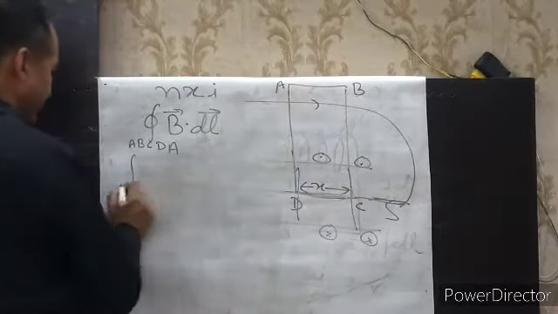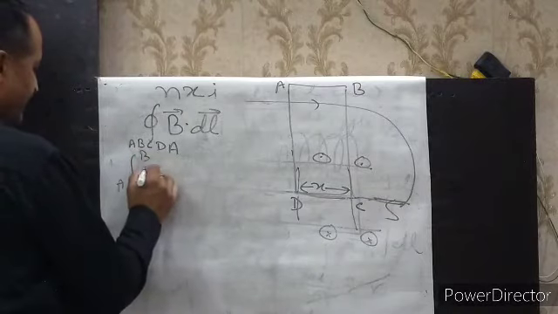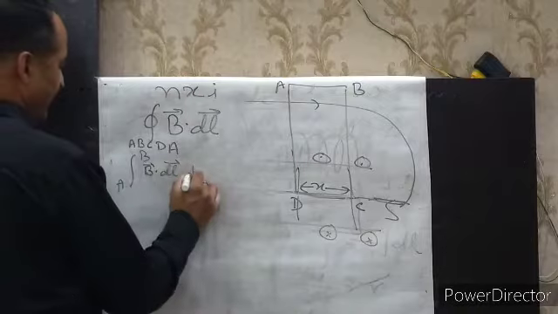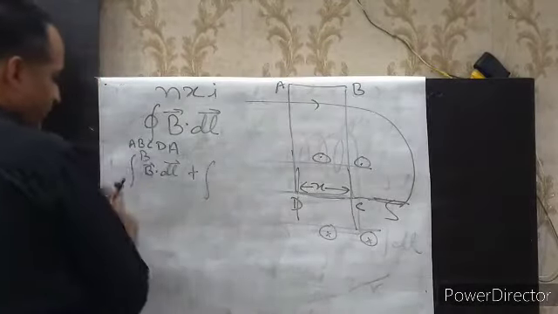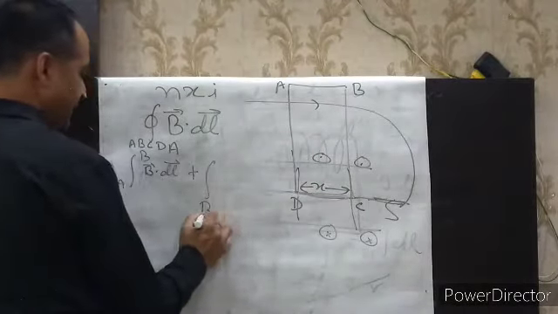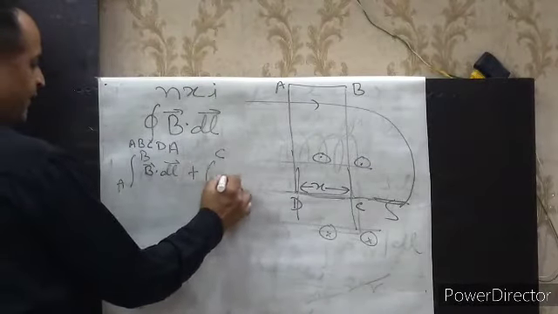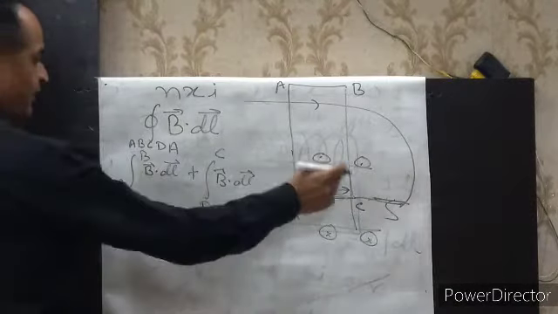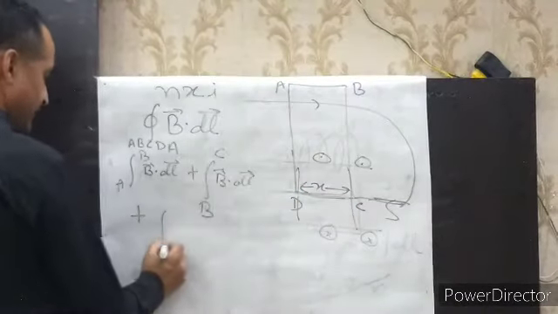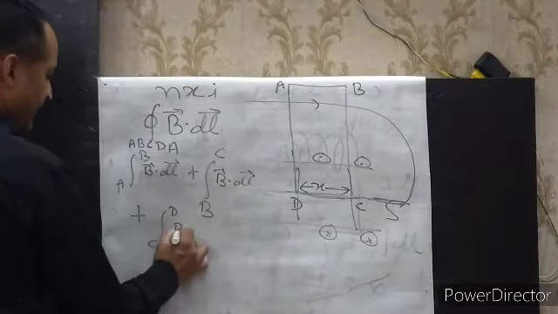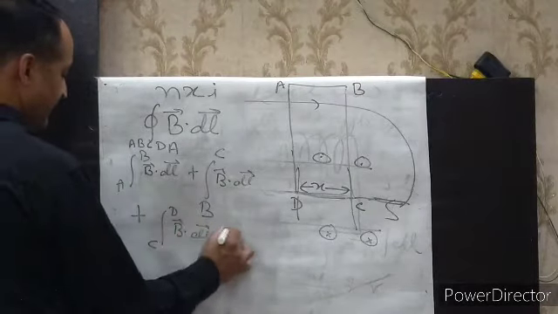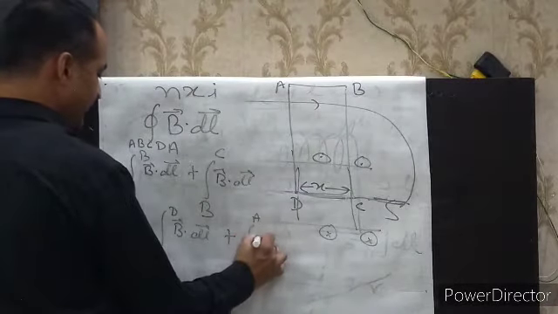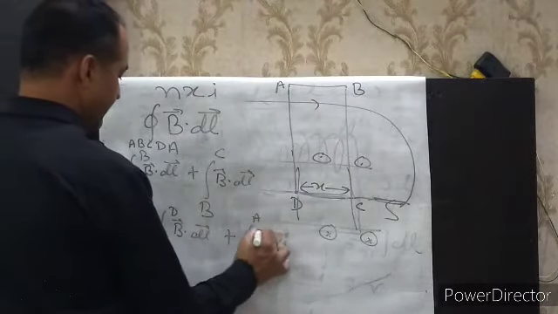Integration from A to B of B dot dl, plus integration from B to C of B dot dl, plus integration from C to D of B dot dl, plus integration from D to A of B dot dl.